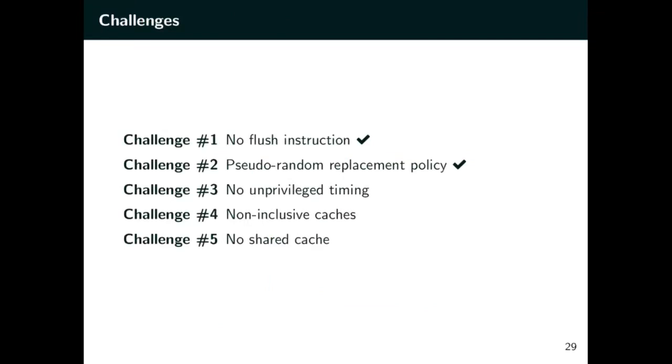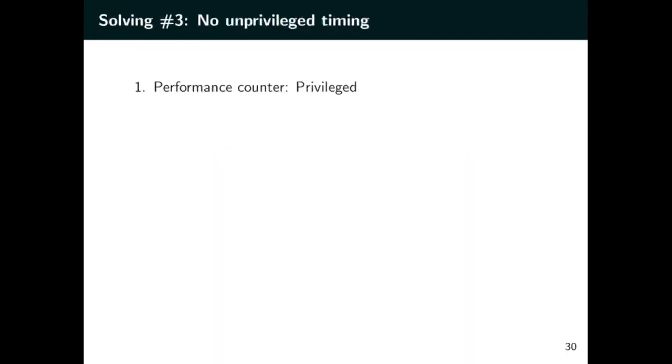The next challenge that we need to solve is that we don't have an unprivileged timing source. As I told you, the performance counter can only be accessed in privileged mode. So we need to find something different to distinguish between a cache hit and a cache miss. The first thing that we found is that you can use the perf interface with the perf_event_open syscall, which is unprivileged, and we can also access the cycle counter through that.